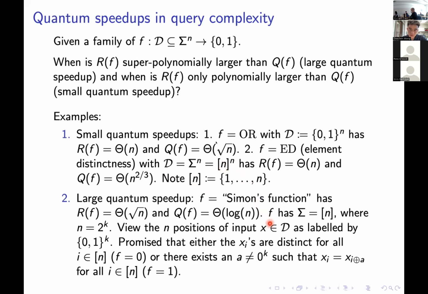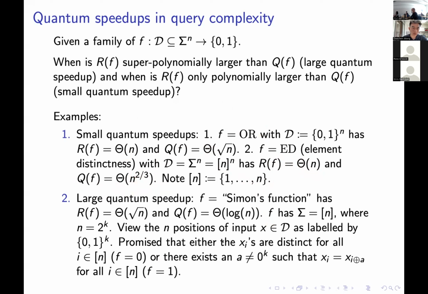If you have a string like 1, 1, 2, 3, 5, 6, that will output a 1 because there are 2 1s. If you have a string like 1, 2, 3, 4, 5, 6, that will output 0 because there are no non-distinct elements. For this function, it is known that R of f is again theta of n, but Q of f is theta of n to the 2/3. So that is again a polynomial speedup, not as much as in the OR case, but still a meaningful amount.